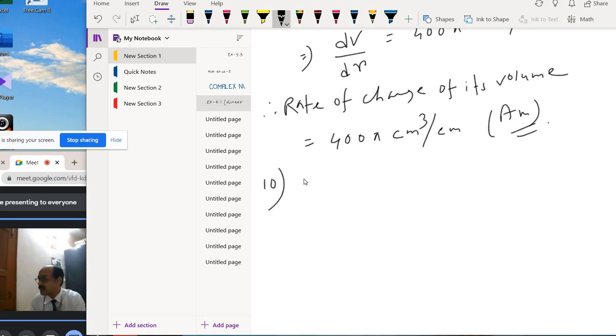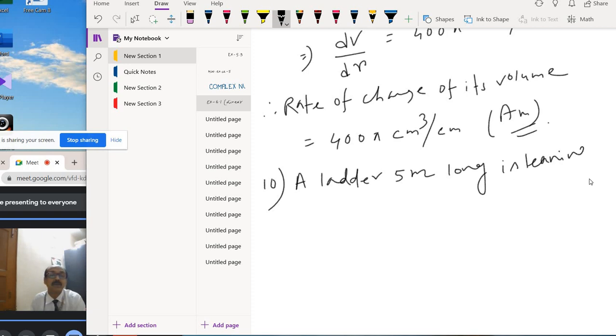Number 10 is, a ladder 5 meter long is leaning against a wall.